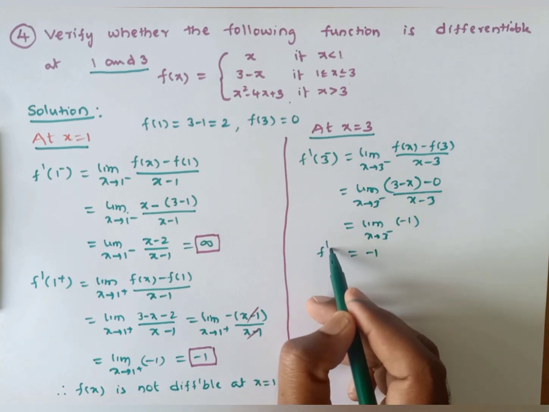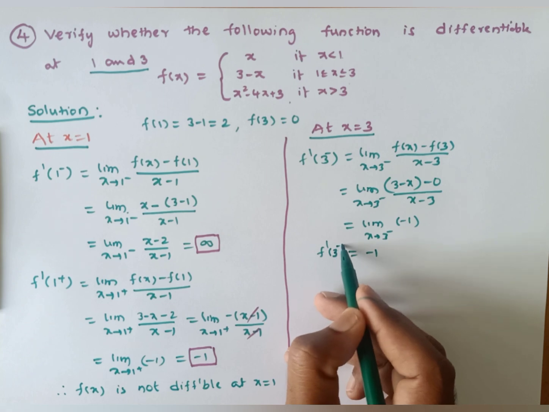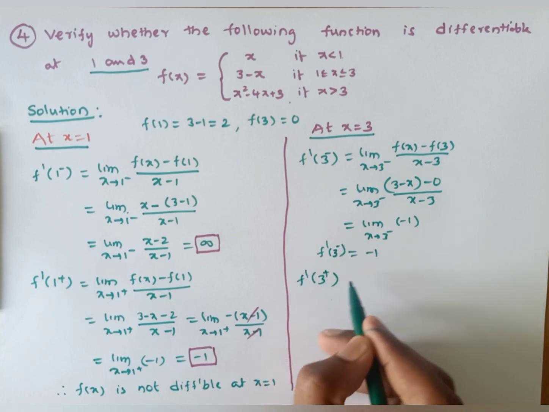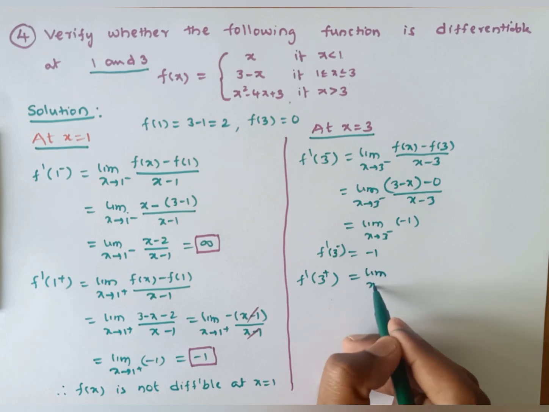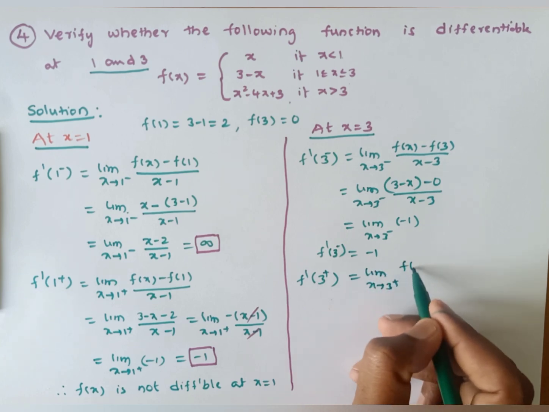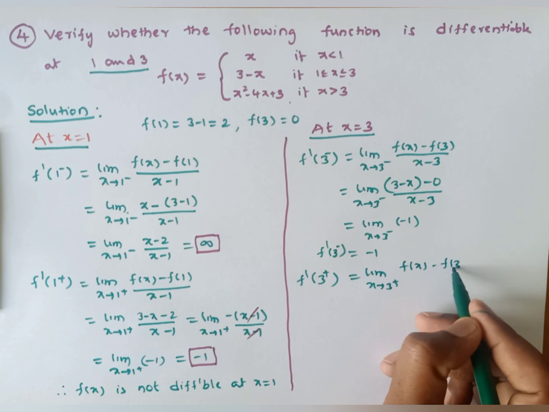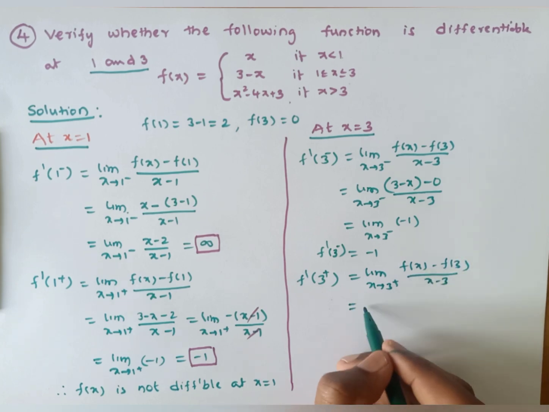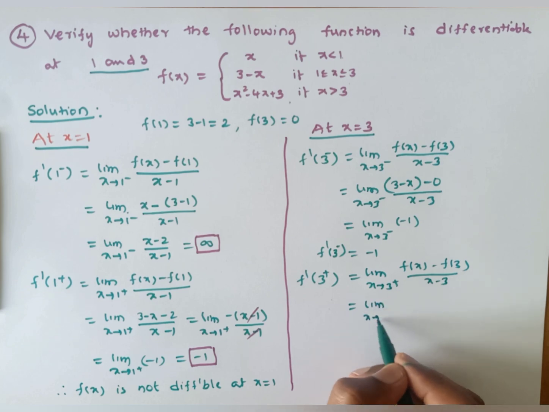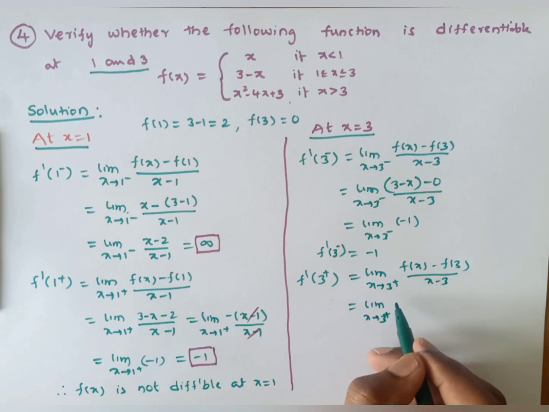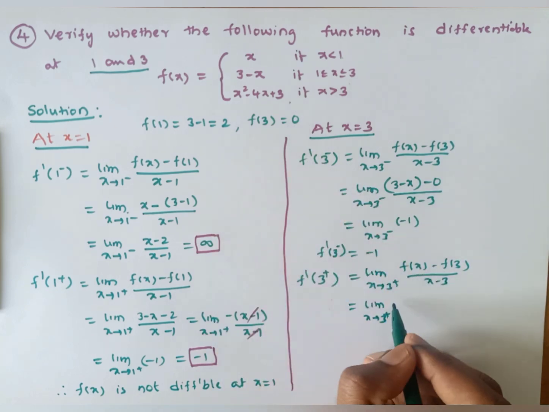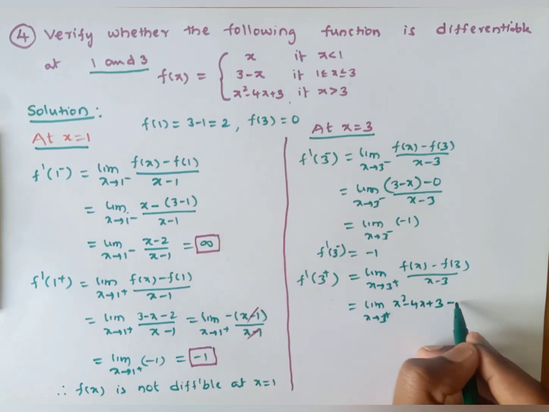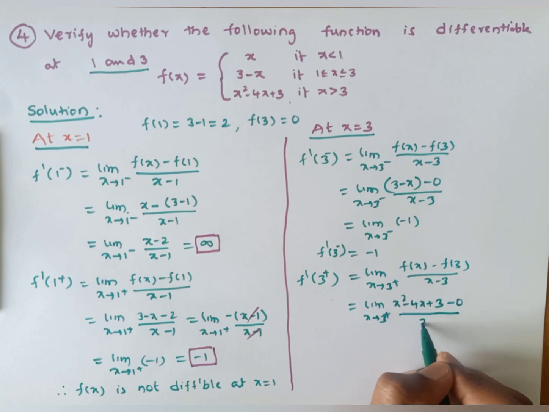So the left hand derivative for 3 is minus 1, and similarly let's look at the right hand derivative of 3. So limit x tends to 3 plus, f of x minus f of 3 divided by x minus 3. Now for x greater than 3, f of x is x square minus 4x plus 3, minus 0, divided by x minus 3.